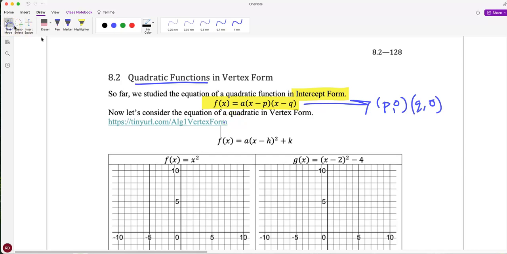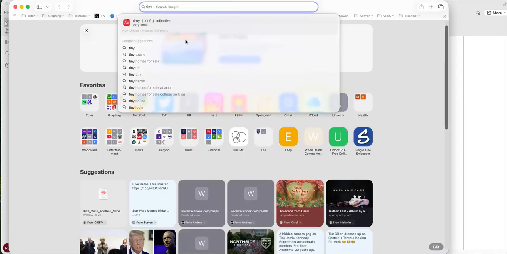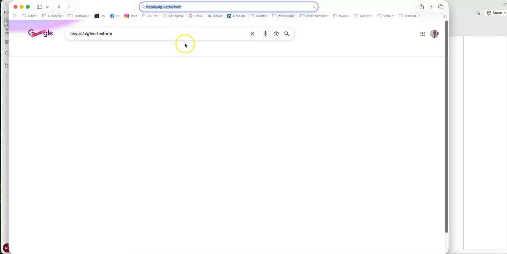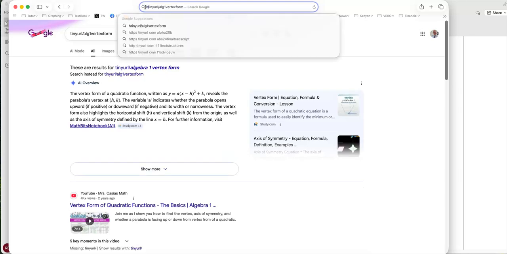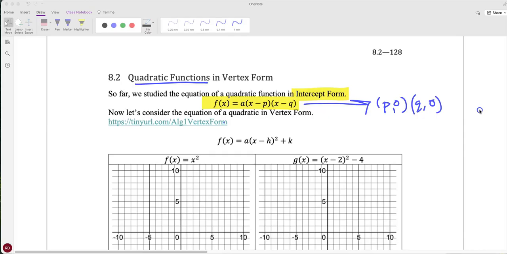So let me see if I can graph this. I'm trying to capture this URL. So Alg1 vertex form. Let me just see if I can find it. tinyurl.com, Alg1 vertex form.